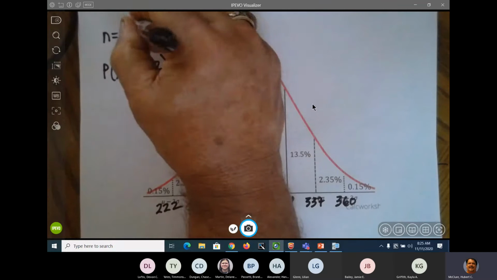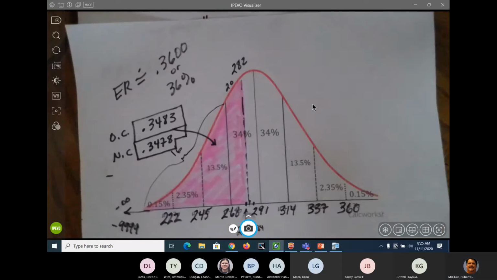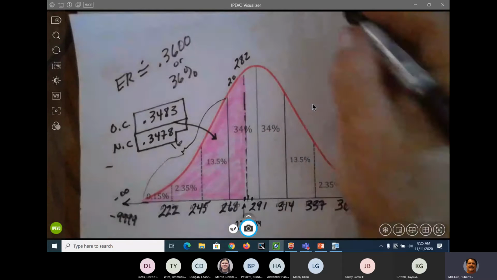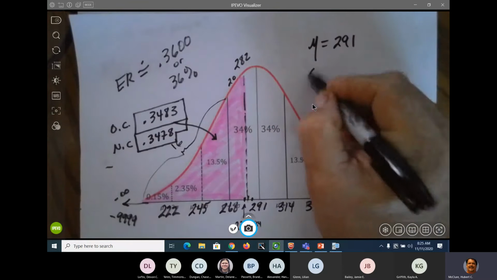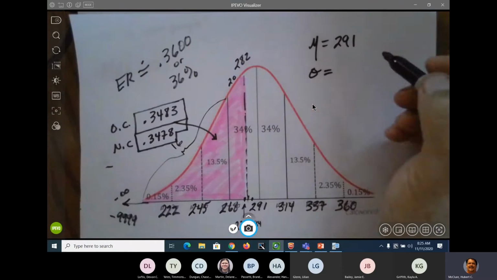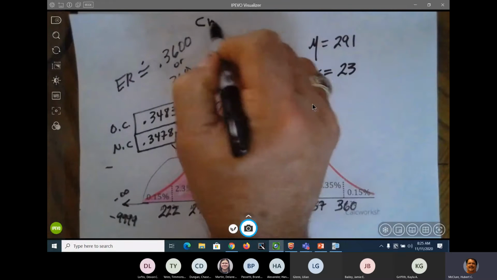In other words, they went out and got 18 new people, whether it be women, men, Martians, or whatever. I don't care what they are. They're new pertaining to the old research that we did right here. This was mean equal to 291 and a standard deviation equal to 23. And this is chapter 7.